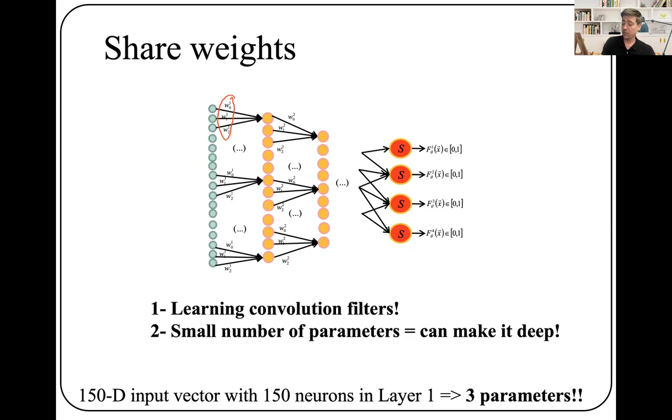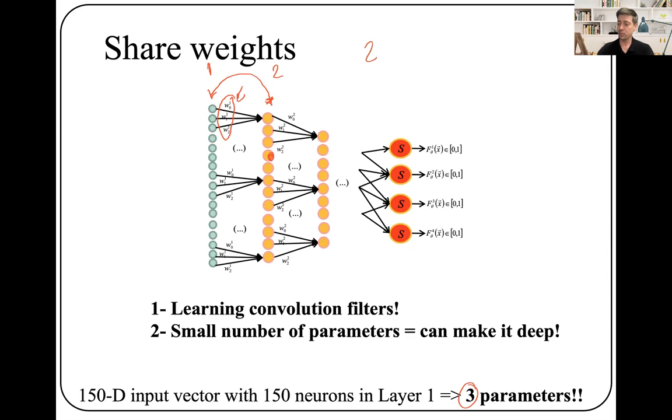And because the number of parameters is actually quite small, if you look at the actual number of parameters required to define the connections between the first layer and the second layer, it's only 3, right? Because regardless of where we're computing the output, we're always going to use the same 3 weights.